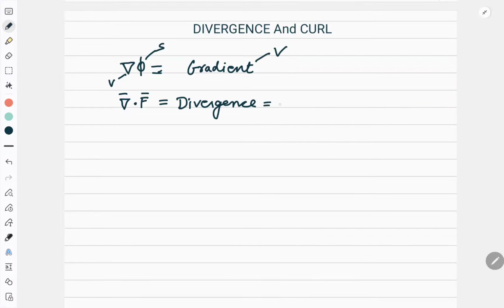And it is represented by divergence of f. Now, when you are doing divergence of f, what exactly is the meaning of this that I need to understand. Now suppose f is a vector, f1 i plus f2 j plus f3 k, and what I am doing is del dot f.